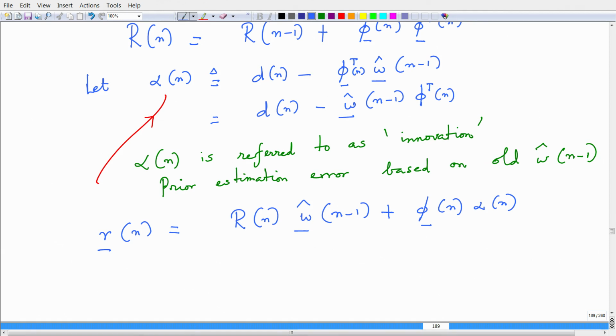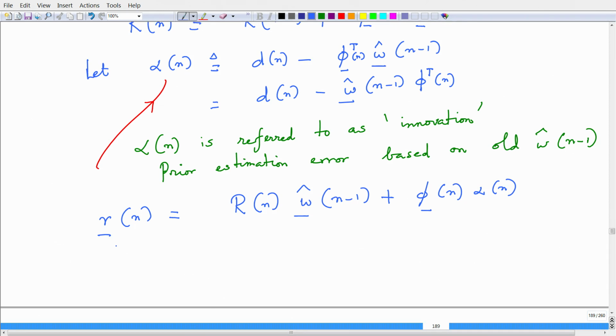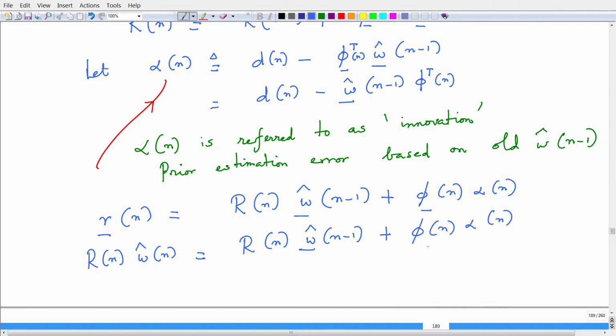Now this small r can be written as capital R of n times w hat of n, and this is equal to r of n w hat of n minus 1 plus phi of n alpha n.